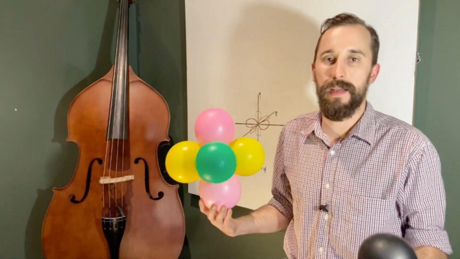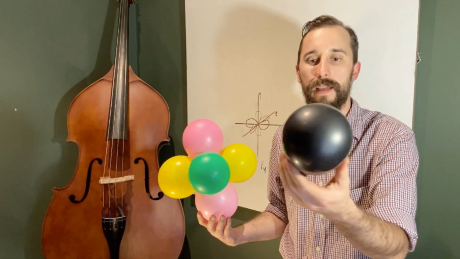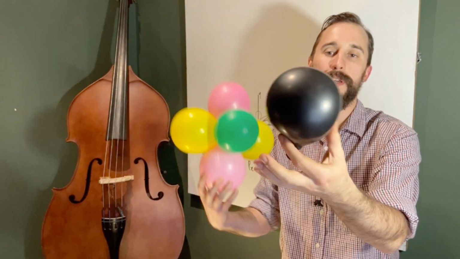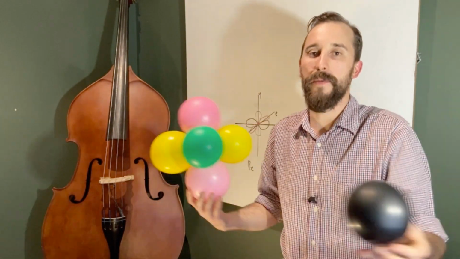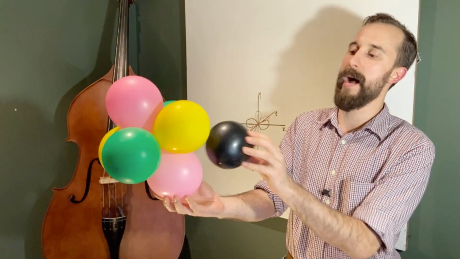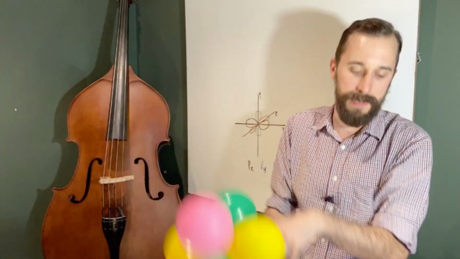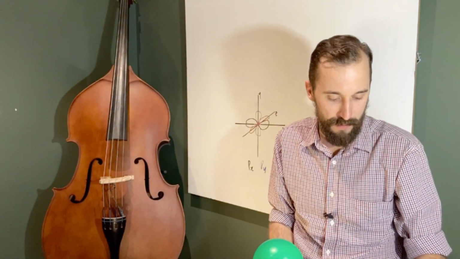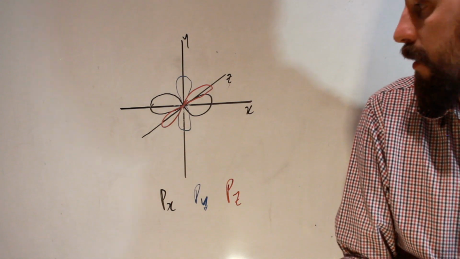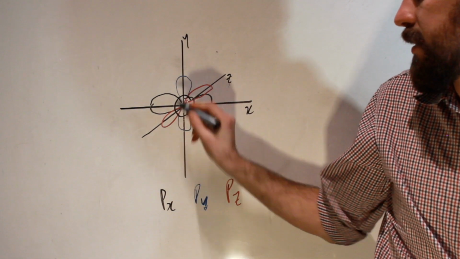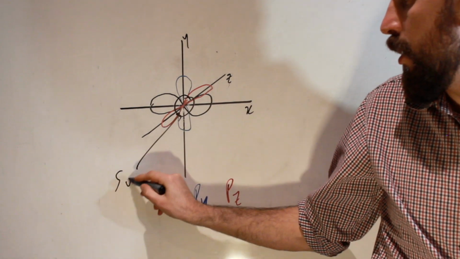If our simplest electron cloud is just a sphere, as we can see here, that's the furthest our balloon can get away from itself. But if we build on top of that, this sphere is sitting in the center, beneath these other orbitals. That's our s orbital.